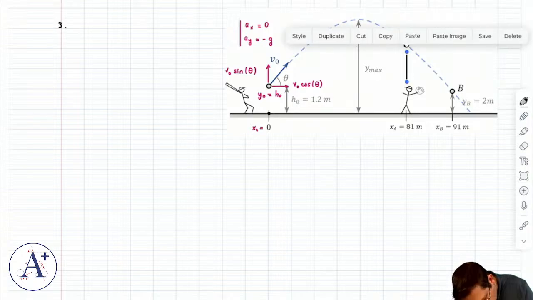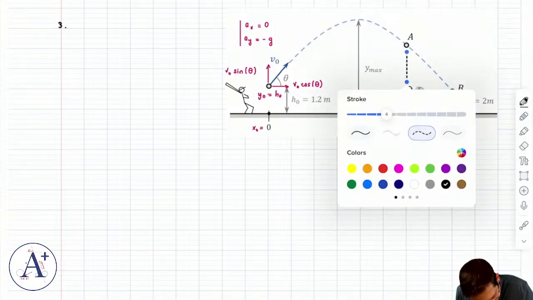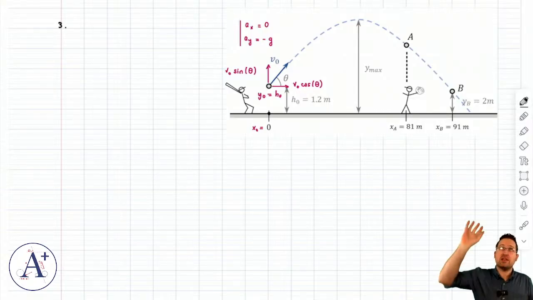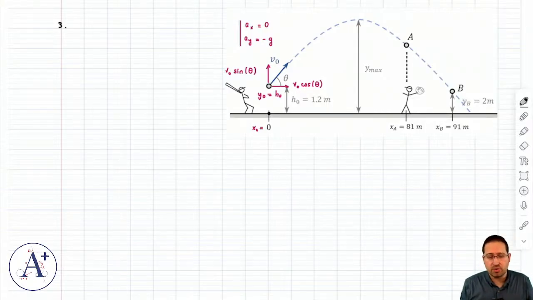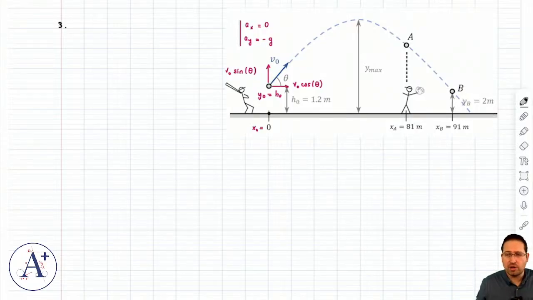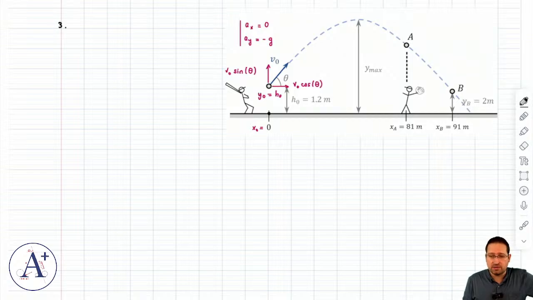So the ball is going to fly over him, and option A is that he jumps and he grabs the ball at point A because he can jump up to 3 meters. So if the height of the ball at point A is less than 3 meters, he doesn't have to run, he can just jump and grab it. But if it's greater than 3 meters, he's probably going to have to run to point B, because for sure at point B he can catch the ball. He can catch a ball up to 2 meters if he's running or standing still.